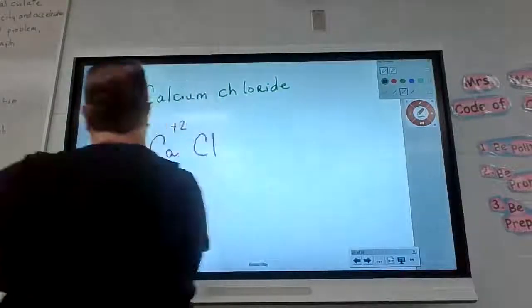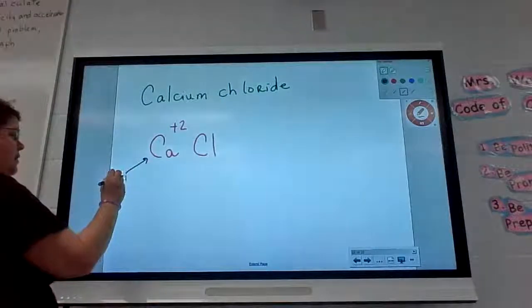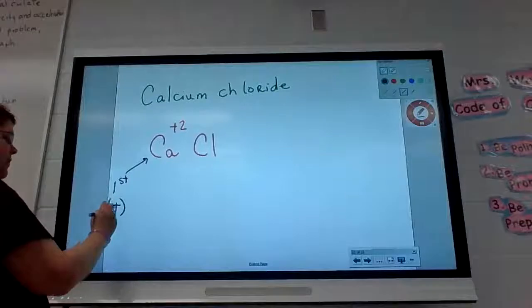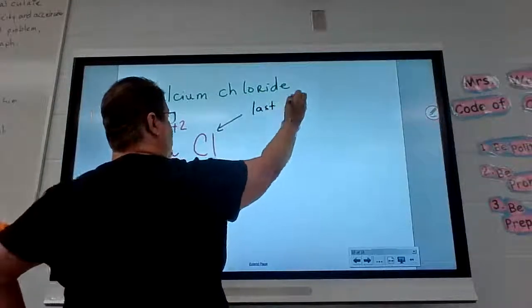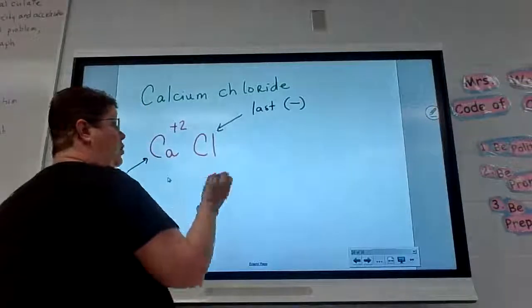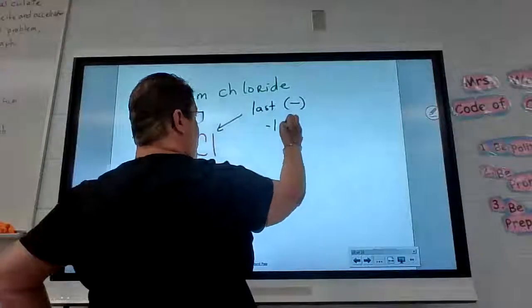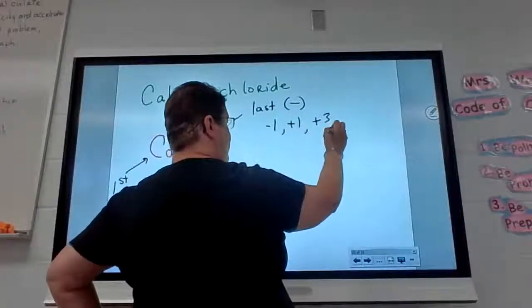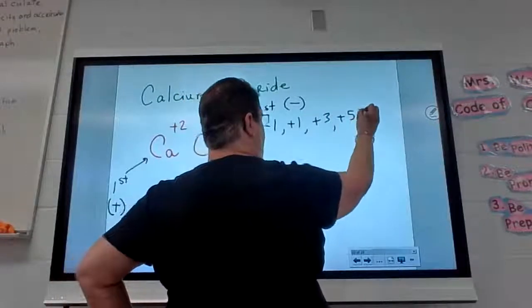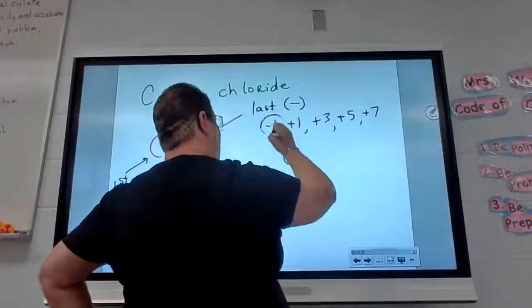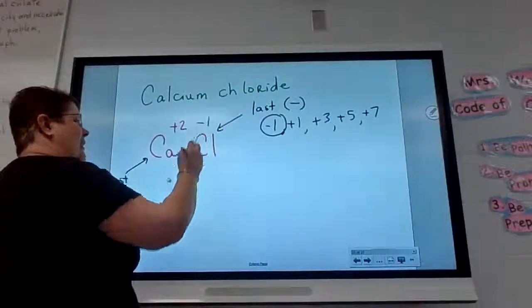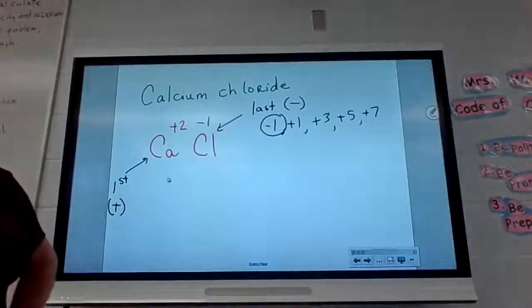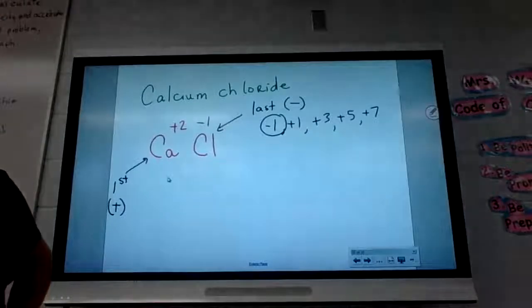This one is first, so it has to be positive. This one is last, so it has to be negative. When you look it up, it says -1, +1, +3, +5, +7. It has to be -1 because it is last. Does that make sense?